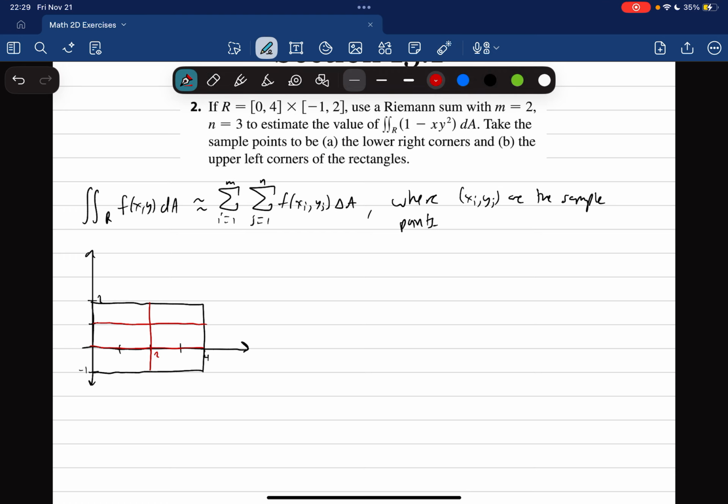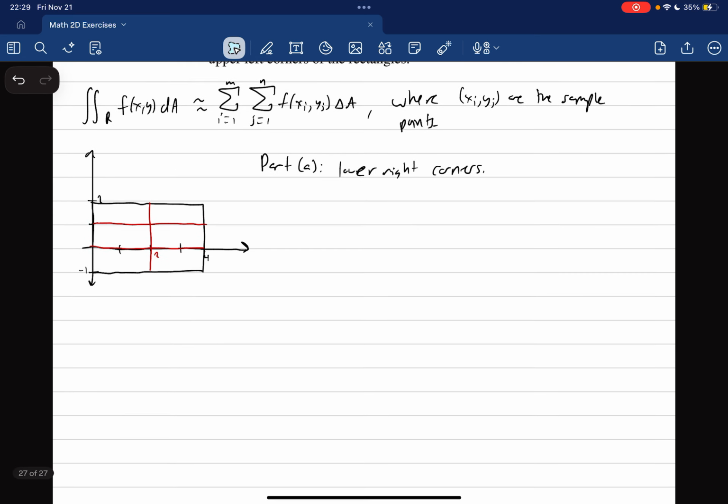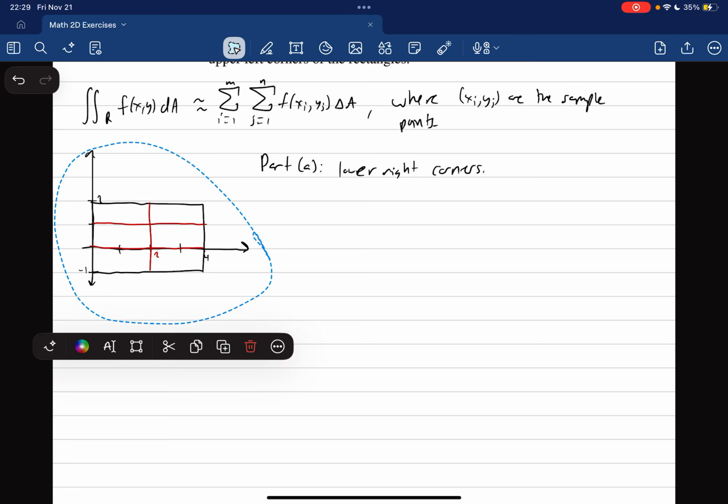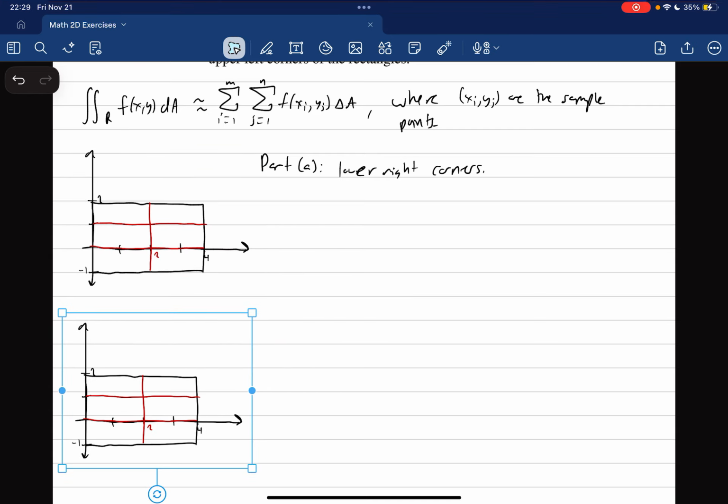Now, for part A, we want the lower right corners. Let me make a copy of this whole drawing first, because we're going to need a copy of it for part B. Duplicate, and there we go.